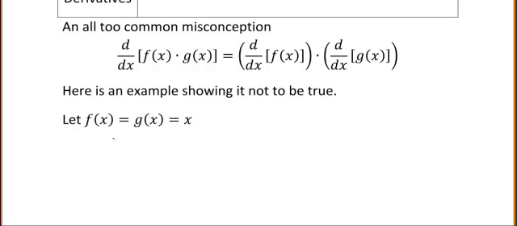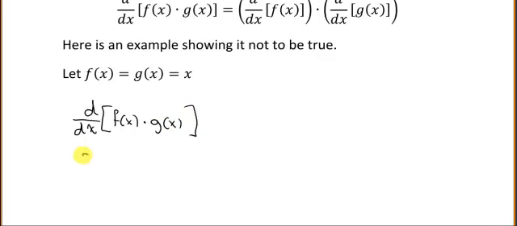And then let's check each side of this expression. Well, if we look at the derivative with respect to x of f of x times g of x, that would be the derivative with respect to x of x times x, which would be the derivative with respect to x of x squared.